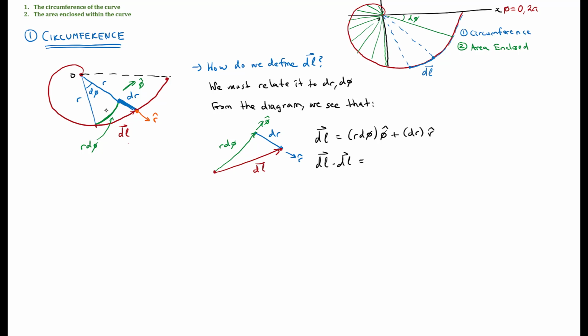It's also distributive, so we have r d phi hat plus dr r hat dotted with itself. So we have r d phi hat plus dr r hat. This is going to give us dl squared.